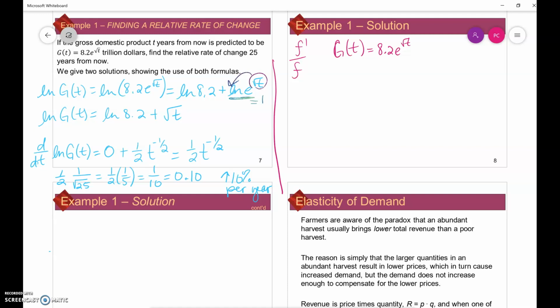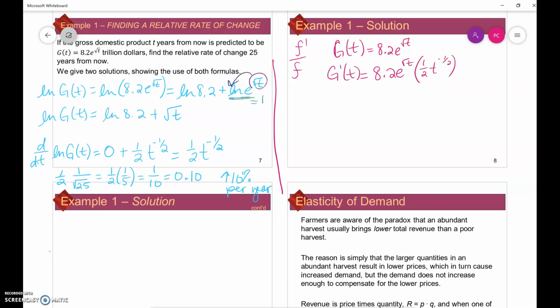If we take that derivative, g prime of t, we end up with 8.2 e to the square root of t times the derivative of the exponent, sorry, not inside function. So we have 1/2 t to the negative 1/2.